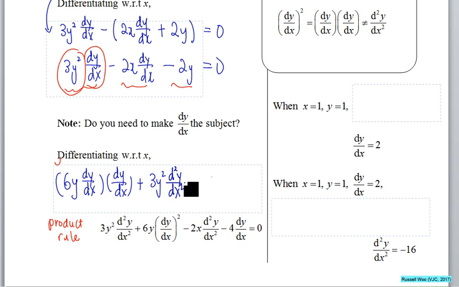Okay, so far I've only done this term. This is product rule for this term only. Okay? Good. Next. Now we handle this term.